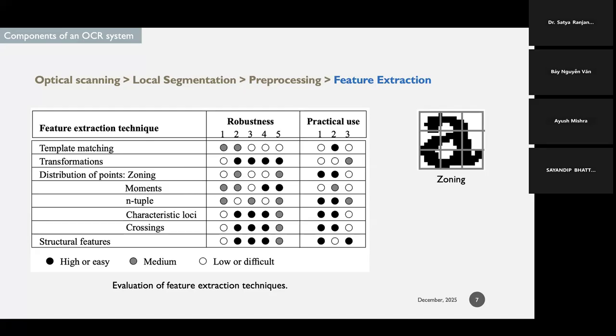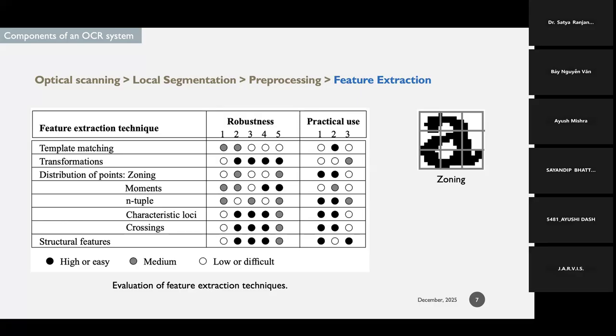I said about the robustness. We have 5 points here. It's about the noise: sensitivity to disconnected line segments, bumps, gaps, fill-ups, etc. And second is distortion: sensitivity to local variance like rounded corners, improper protrusions, dilations, and shrinkage.